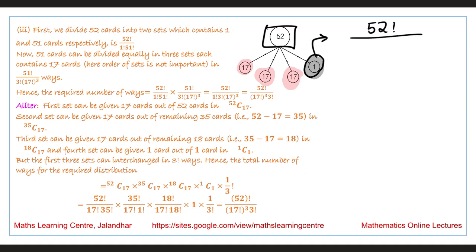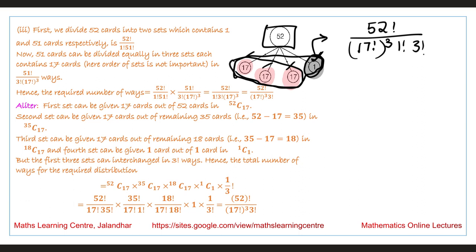In how many ways are we dividing it? It is 4 groups, out of which this 1 is fixed, and we have 17, 17 and 17 over here. So the same number of ways, it is 3. So we have 17 factorial raised to the power 3, then 1 factorial, and then 3 factorial.